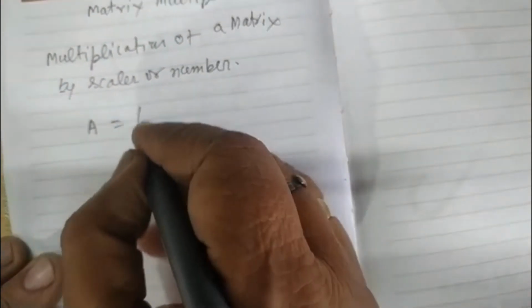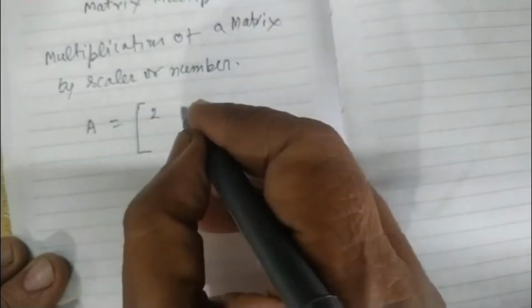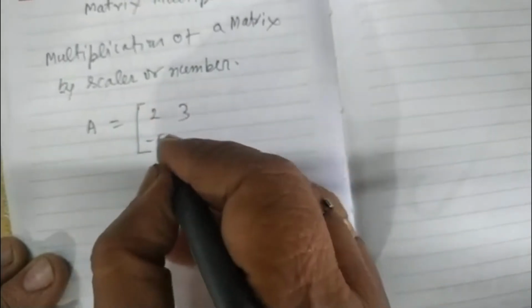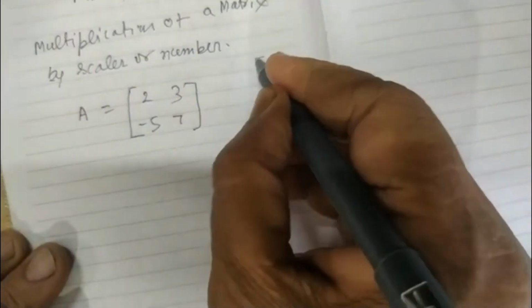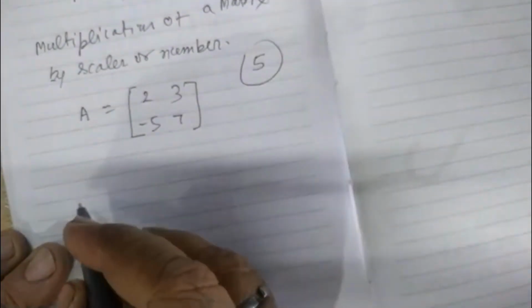Let us assume [2, 3, -5, 7] is a matrix. We want to multiply this matrix by 5.